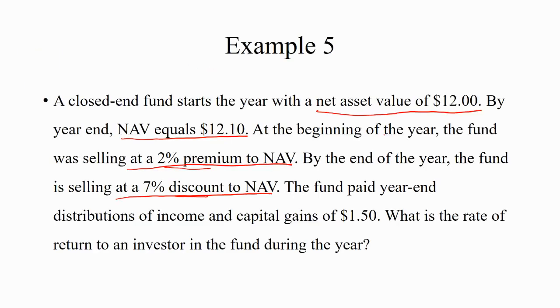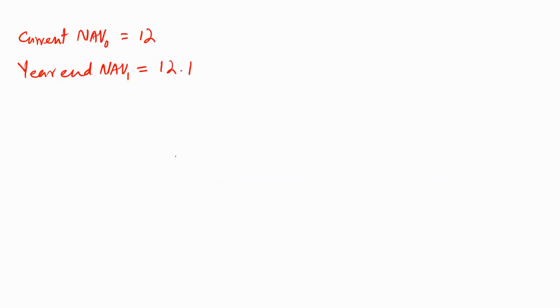The question says that at the start, the fund was selling at a 2% premium. That means if NAV is 12 and it is sold at a premium of 2%, the premium amount can be calculated as 12 multiplied by 1.02, which gives us 12.24.